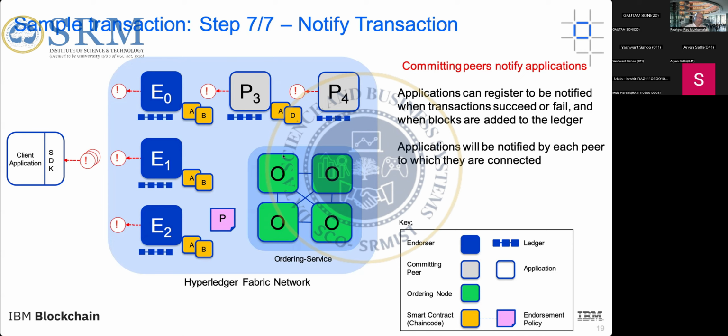And you can also sign up for the committed peers and things like that. So basically, it will send information saying that your transaction has been validated, and now it is part of the block so and so. So now it is officially put onto the blockchain. Right? So that is the flow that happens in the network.